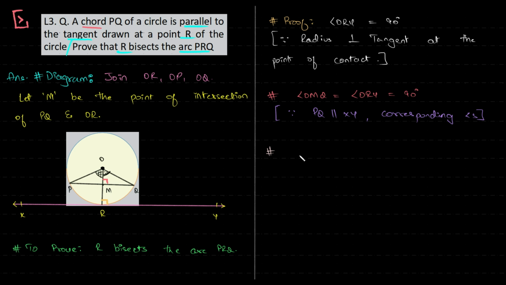So we'll start off by considering triangles OMP and triangle OMQ. I'll start off with OM being equal to OM, common. So what are we trying to prove? We are trying to prove the congruency. With congruency, we'll be able to prove the angle, and thus the answer.